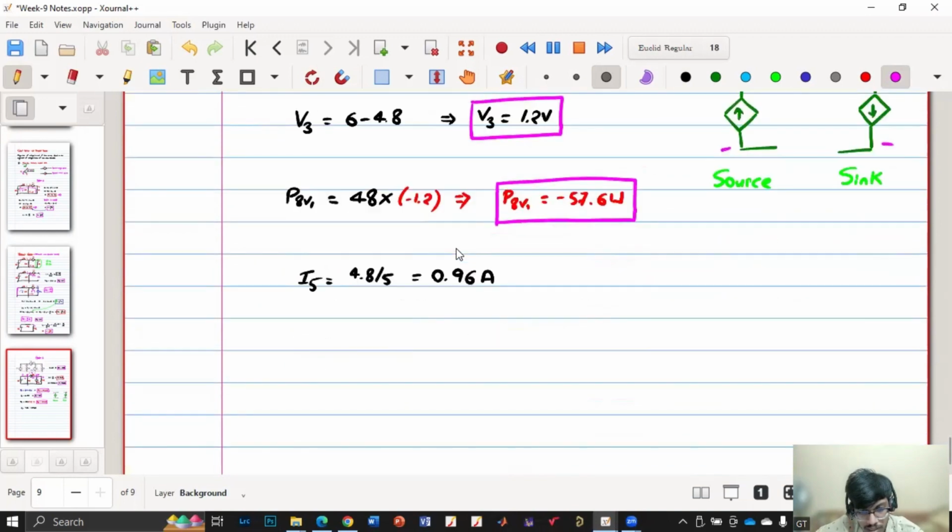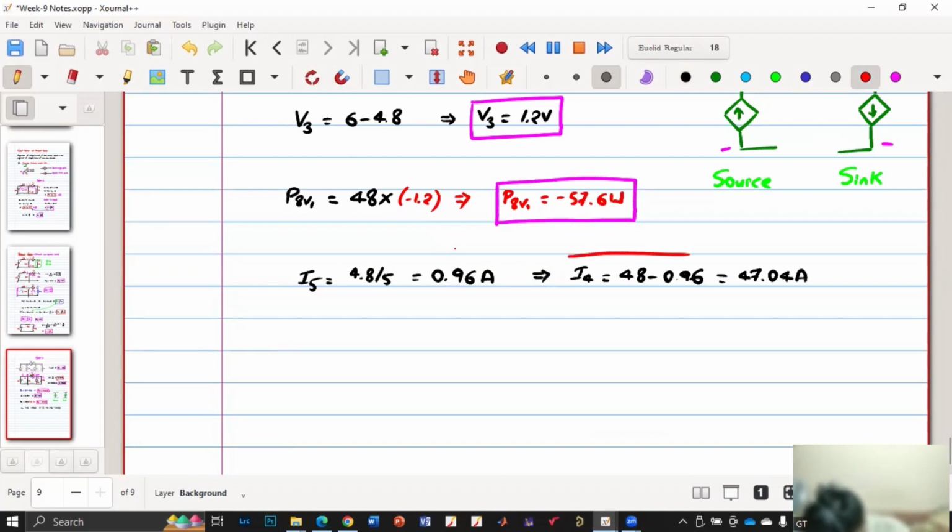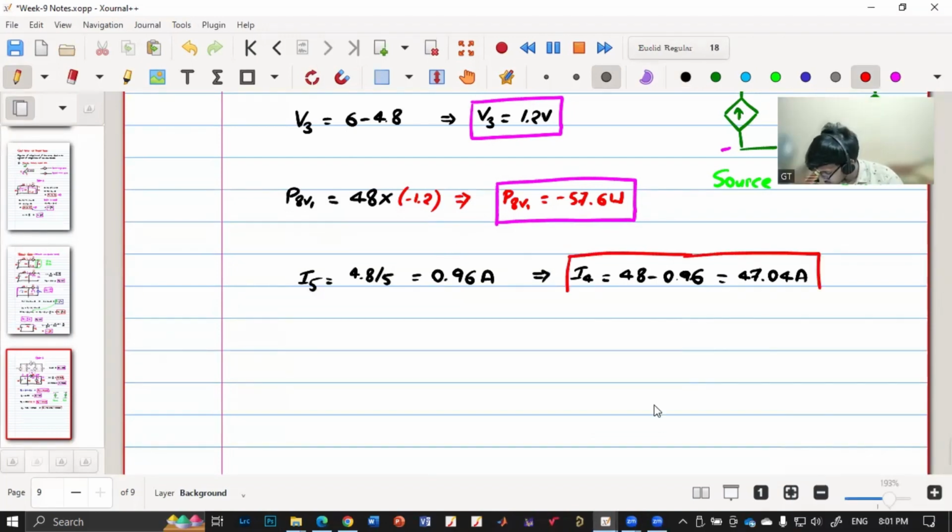Yes, 48 minus I5. 48 minus 0.96. So it is 47.04 amperes. Okay. So it is 47.04.